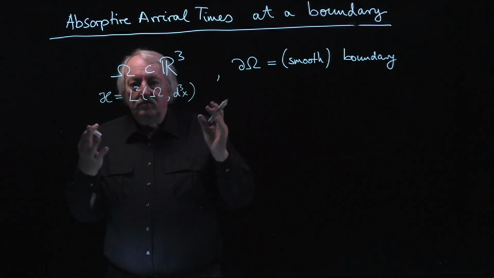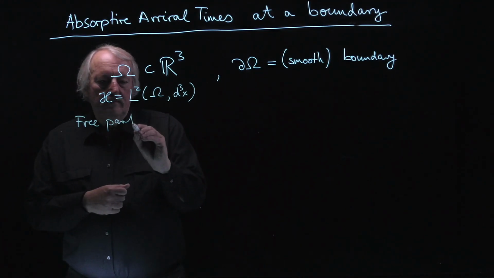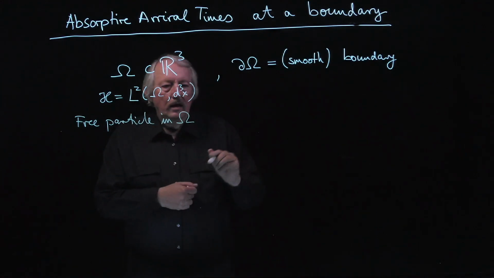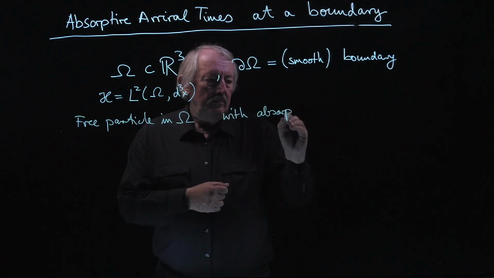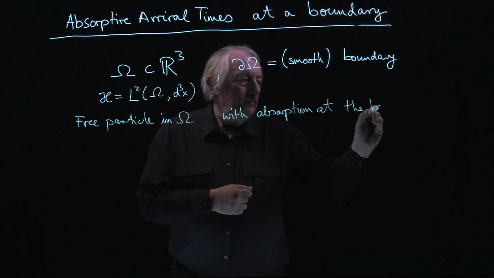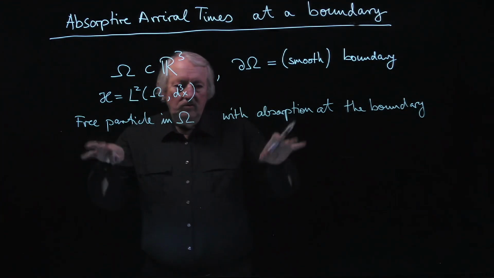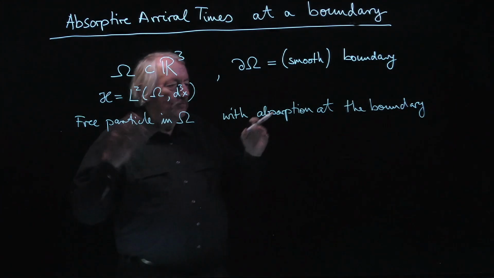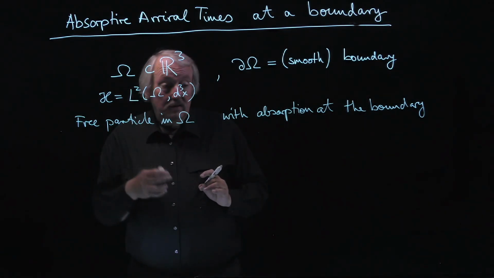And what we want to describe with this is a free particle in omega with absorption at the boundary. So it's just a standard free particle, and when it hits the boundary, it gets absorbed, taken out of the game, whatever, right? That is the kind of event that we want to compute the time for.